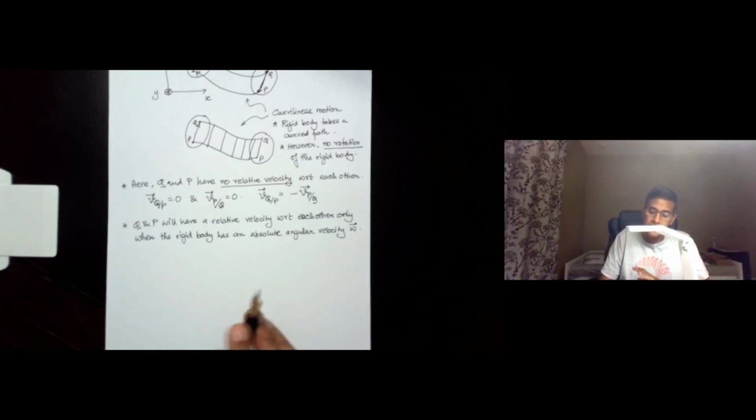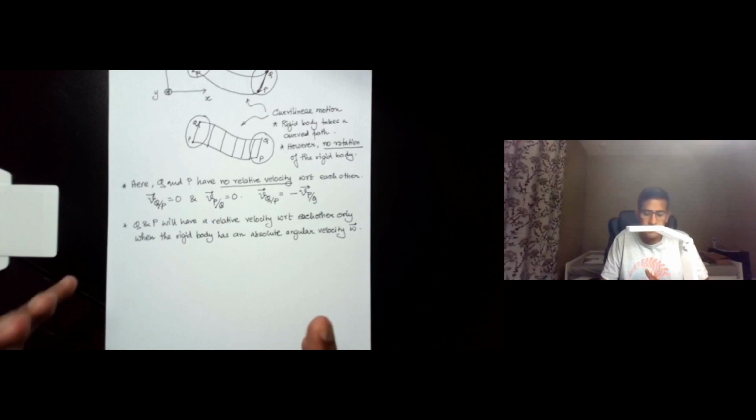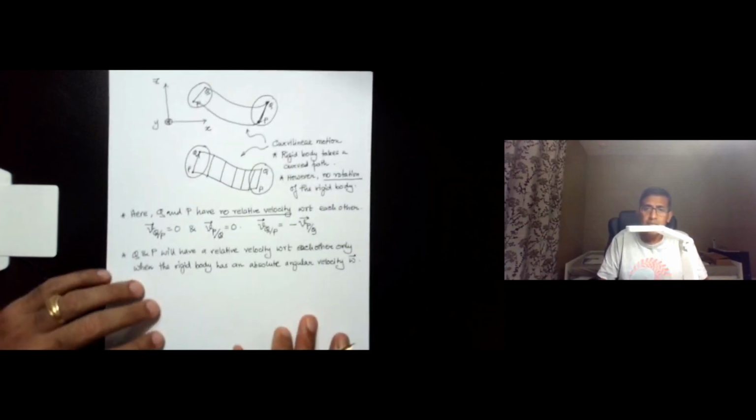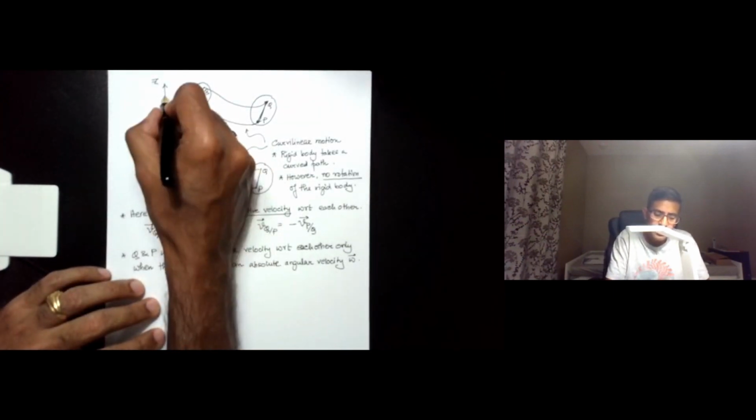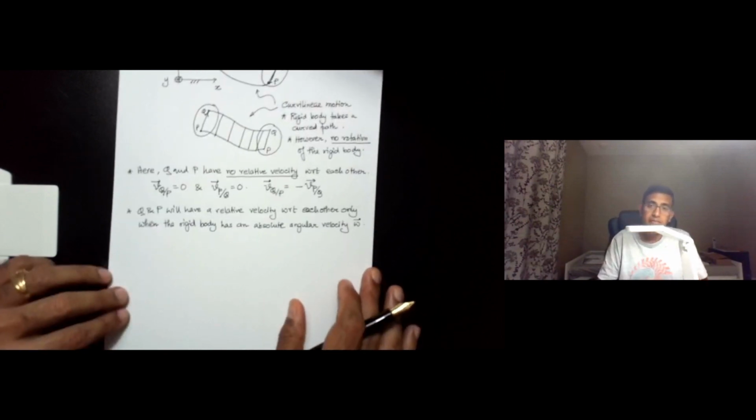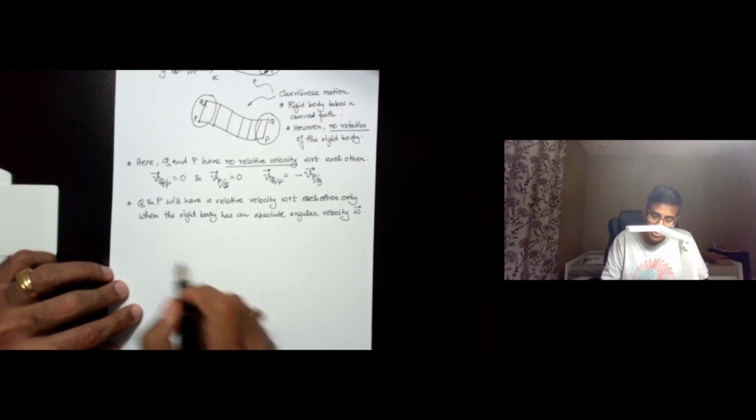We say absolute angular velocity just to differentiate this angular velocity from any relative angular velocities. So if the rigid body within an inertial reference frame has an angular velocity, then there is the possibility that Q and P, which are 2 points on the same rigid body, can have a relative velocity with respect to each other.